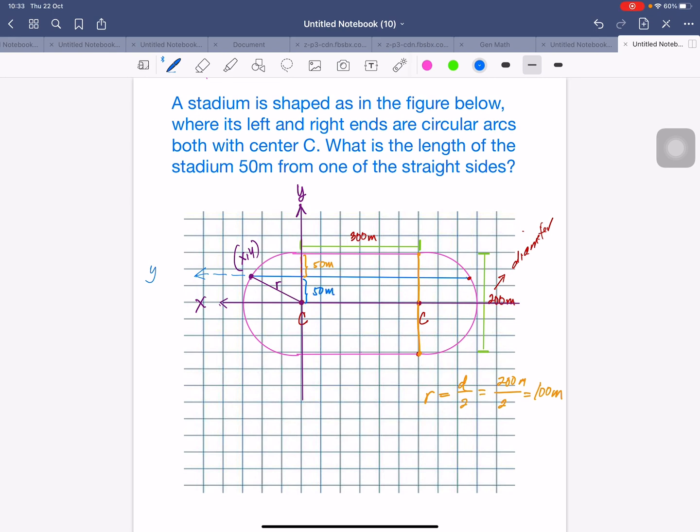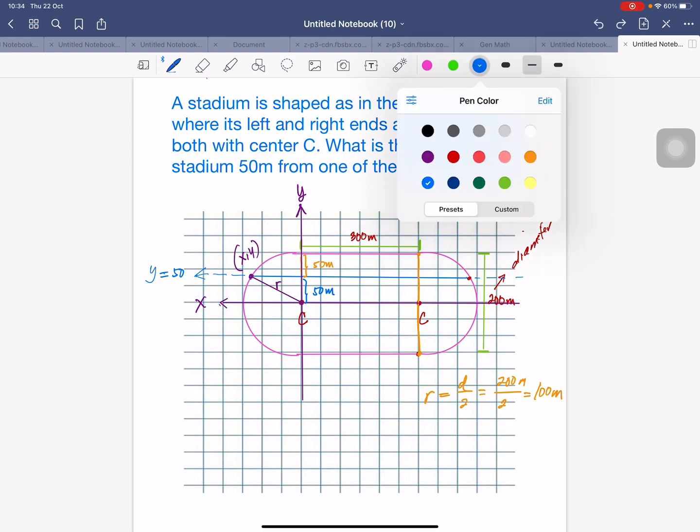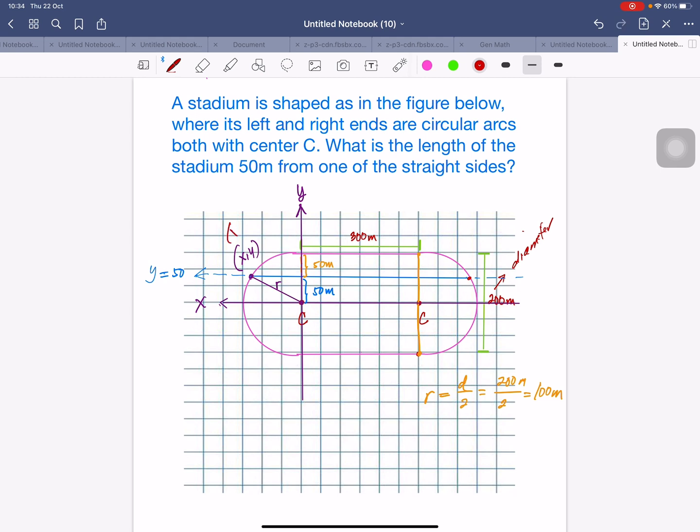So y is equal to 50. Therefore, the coordinate of this point is (x, 50).